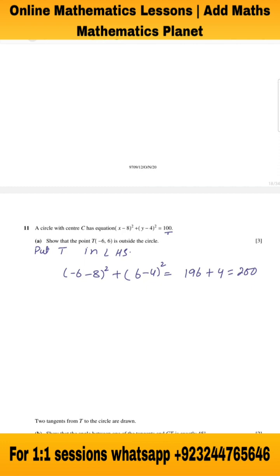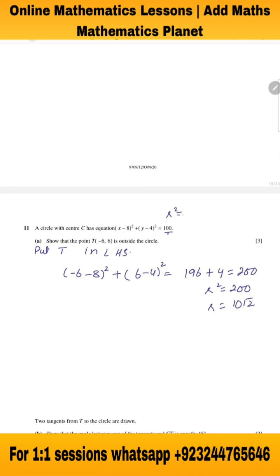So r squared is 200 and r is equal to 10 square root 2.